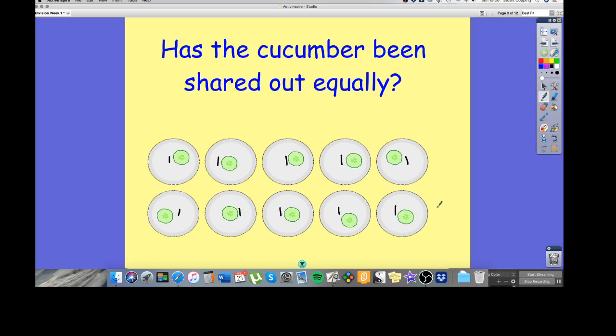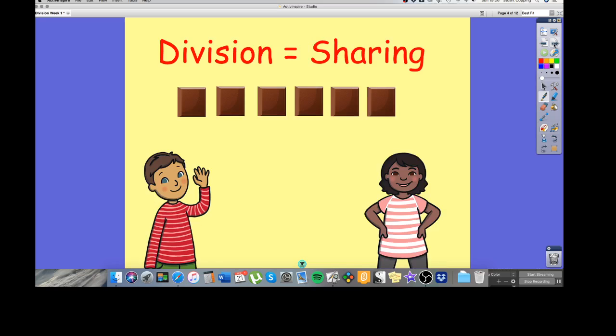So has it been shared out equally? Yes, because they are all equal groups. Okay, and that is what division and that is what sharing is. You're dividing up your amount into groups. Okay, so division equals sharing.